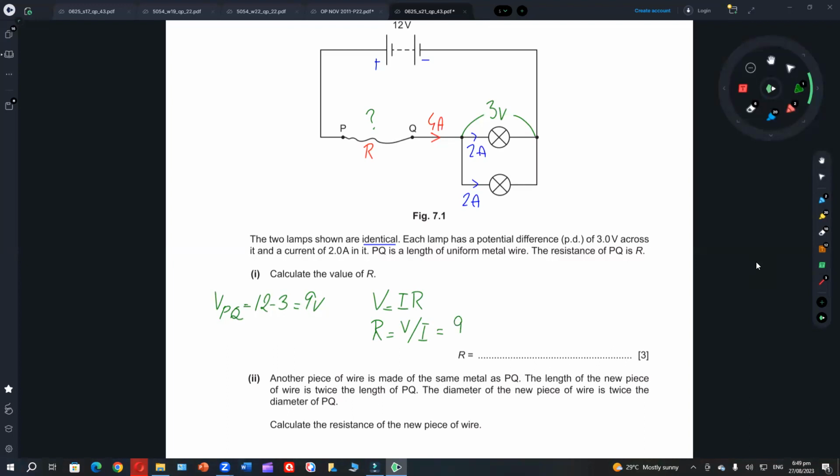9 upon 4. So solve this. Quickly solve it.